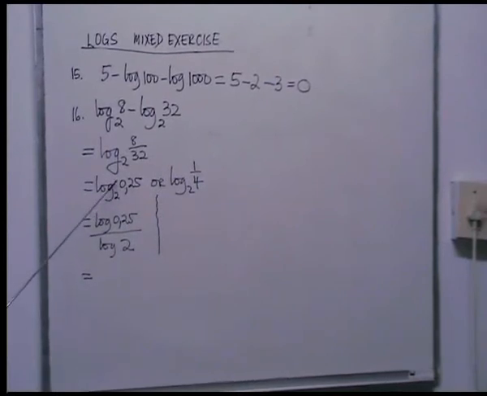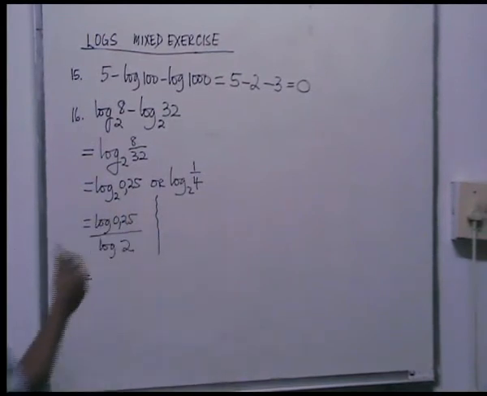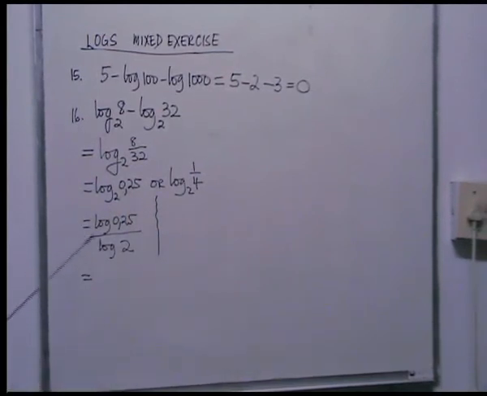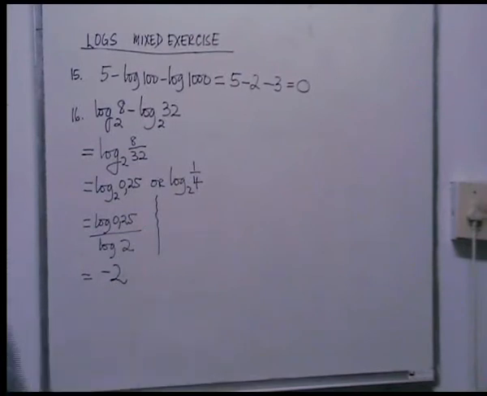And then I put that in the calculator. You take your calculator and you say log 0.25 divided by log 2 is equal to, and you'll get the answer minus 2.